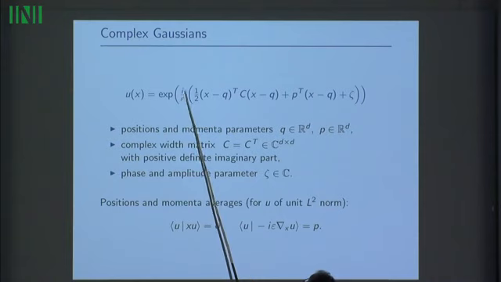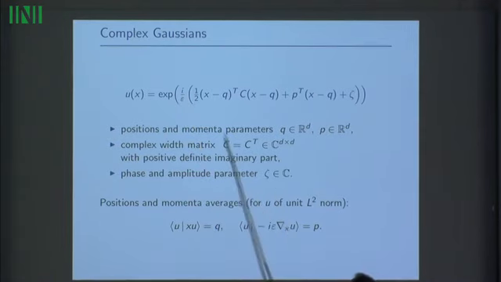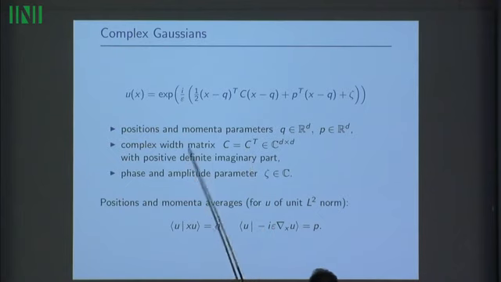There's a scaling i over epsilon here. Because of the i, I require that i times C, C will be a complex width matrix. So C is complex but symmetric. Not Hermitian, but symmetric. And we require that it has positive definite imaginary part, and this is just to ensure that the absolute value behaves like a regular Gaussian.